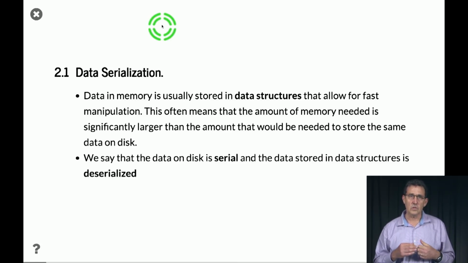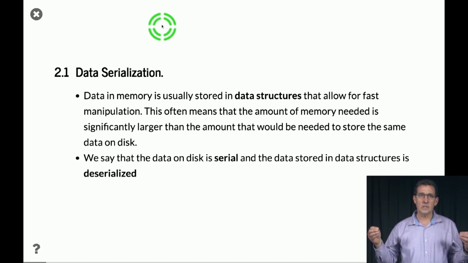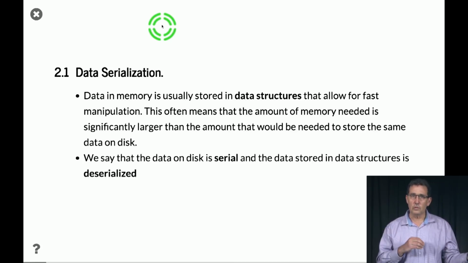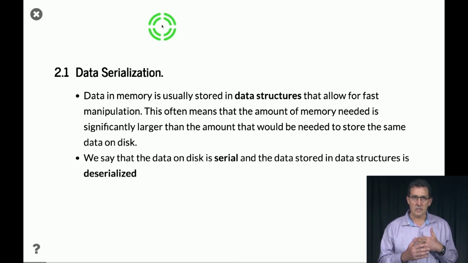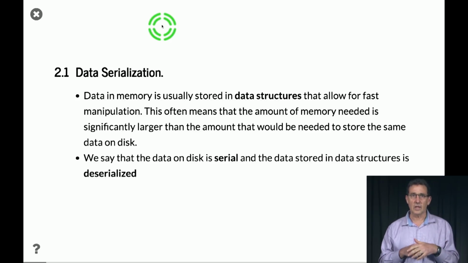That is what is called deserialized data. Serialized data is when you take the same data and make it into a sequence, and the sequence can be efficiently stored on disk or moved between machines and so on. A lot of what is going on in big data analysis on the computational side is serialization and deserialization of data.